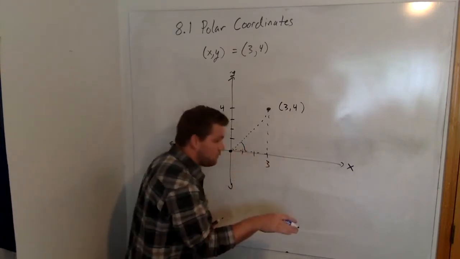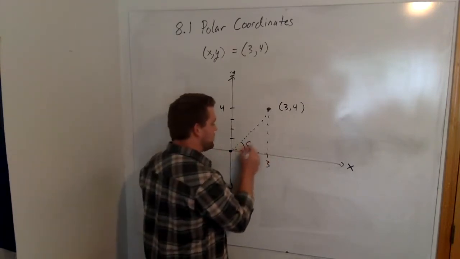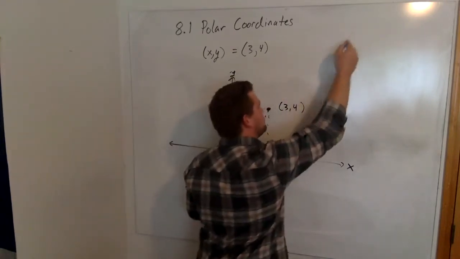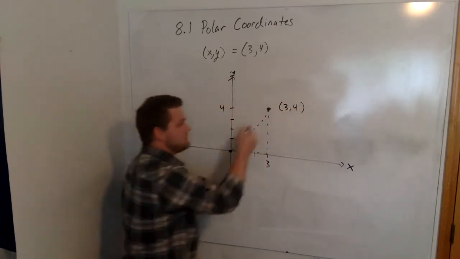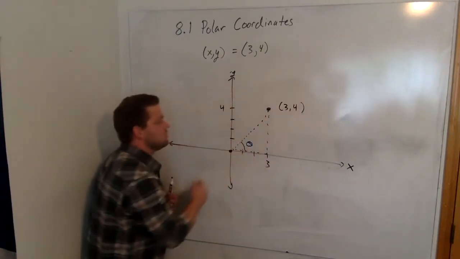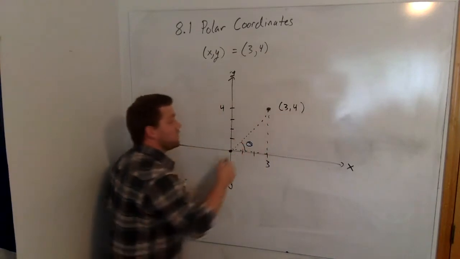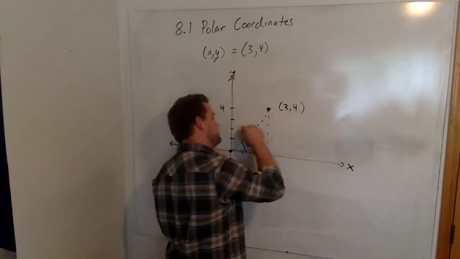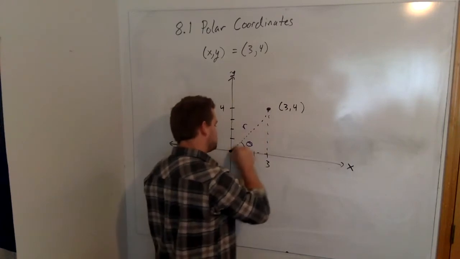Well, you would want to know how far to rotate. You would just want to know an angle. But if I just tell you an angle, that's really just telling me anything along this line. Okay, if we're at this angle, how far do I go out? Well, you just have to tell me a distance. How about that distance we call r?